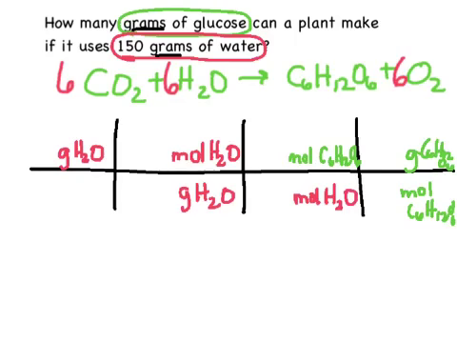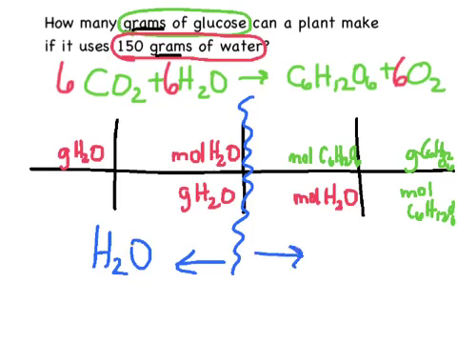Here's another way you can look at it. If we divide this bridge in half, we see that this side, on the top, deals with water. This side deals with what we need to find, C6H12O6. So if you put in what you're given and what you need, the things right next to it have to be the moles of those same substances.